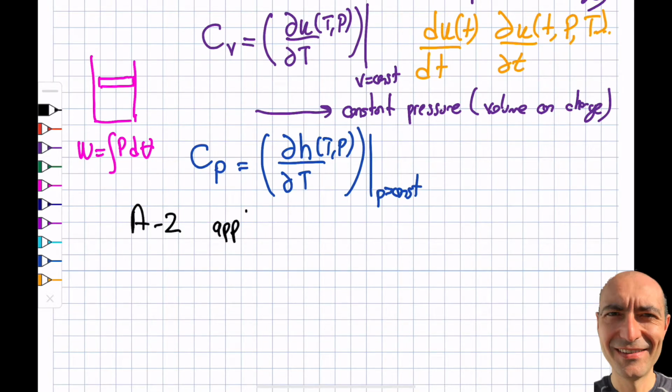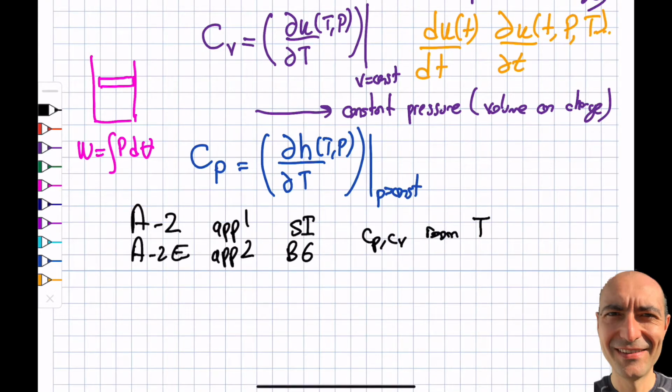Appendix 1, A2 and A2E in appendix 2, will give me in SI and BG the Cp and Cv values at room temperature, but also at various temperatures. Obviously Cv is not just one value.